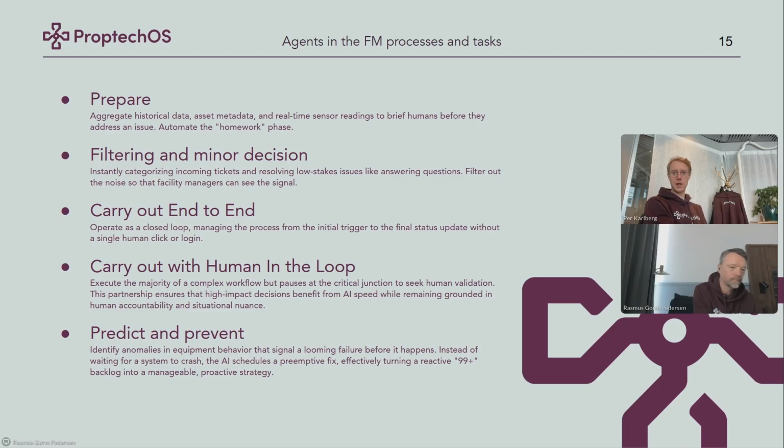So we'll have a look at it in practice in Proptech OS. And the last one, apart from agentic automation end to end, is going from reactive to preventive, from analyzing data that happens to predicting events that will happen.